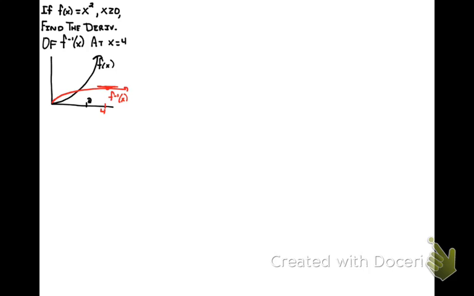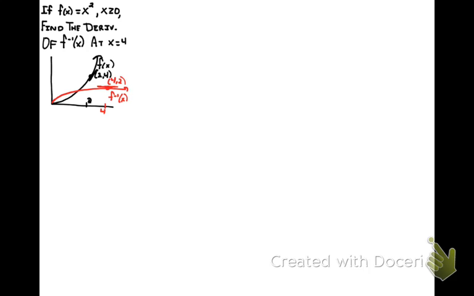So if this is (2, 4) here, then the related point on the inverse is the point (4, 2). And so one thing we want to pay attention to is: is there a relationship between the two tangent lines? The line that's tangent at (2, 4) and the line that's tangent to the inverse at (4, 2).